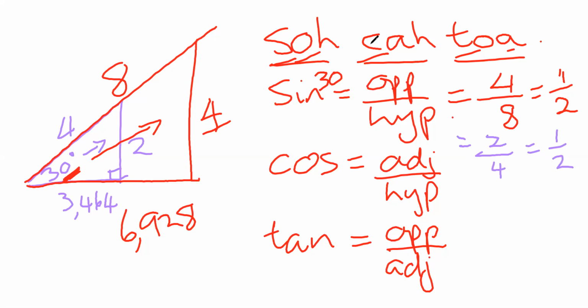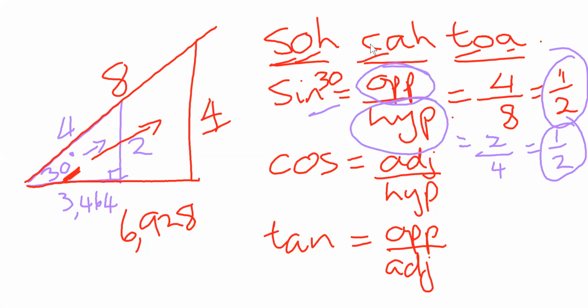So sine 30, no matter what triangle you use, as long as it's a 30-degree angle in a right-angle triangle, the ratios of the sides will always be in exactly the same ratio, which in this case for sine 30 degrees gives you a ratio of a half. Always your opposite over your hypotenuse will give you a half.